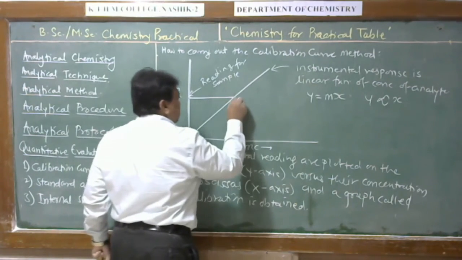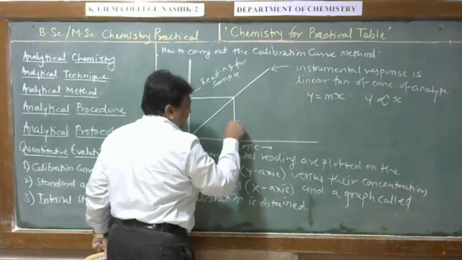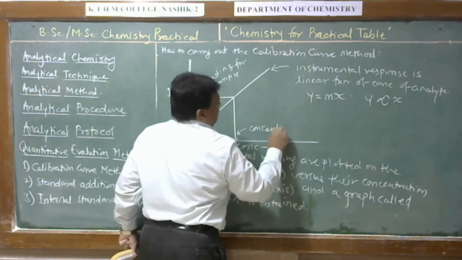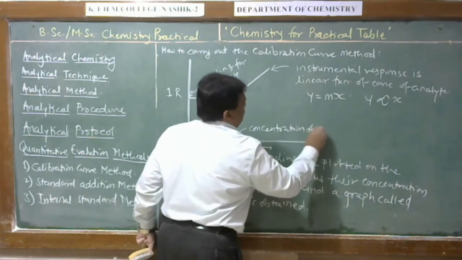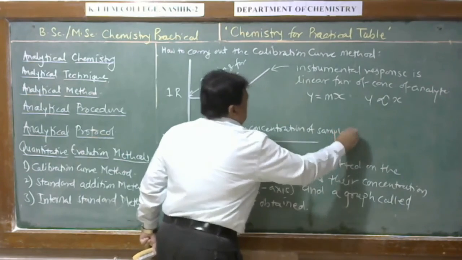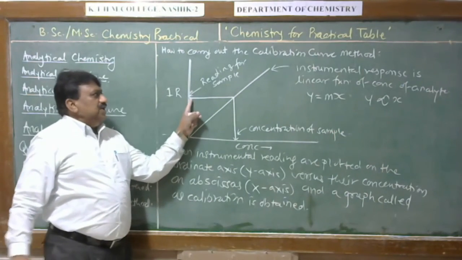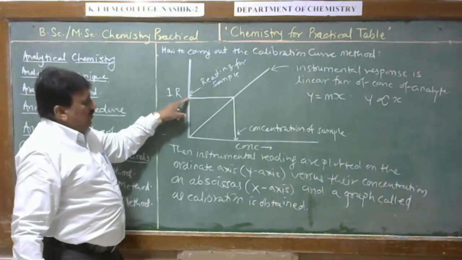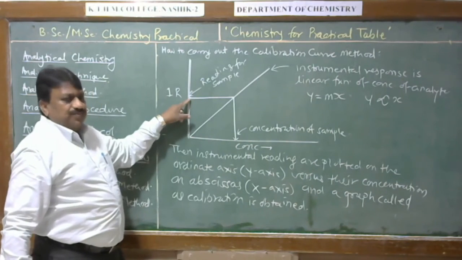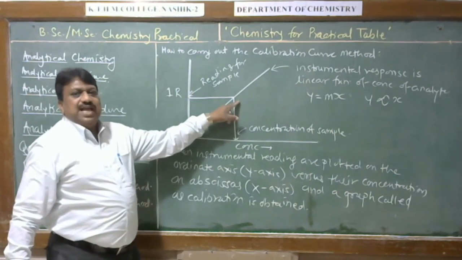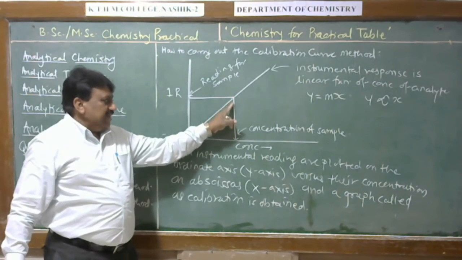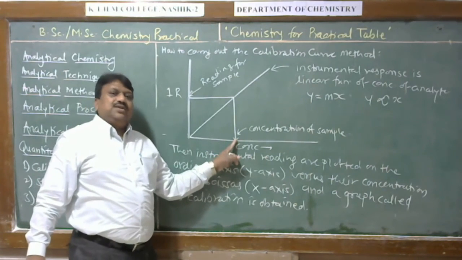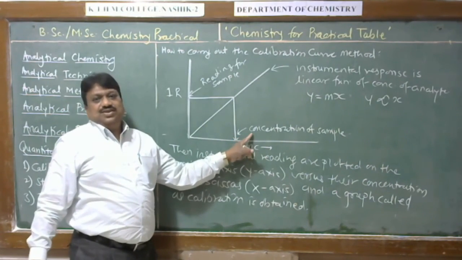Again, this line is drawn towards the concentration axis for obtaining the concentration of the analyte, concentration of sample. Where it cuts the concentration axis, that is the concentration of sample.